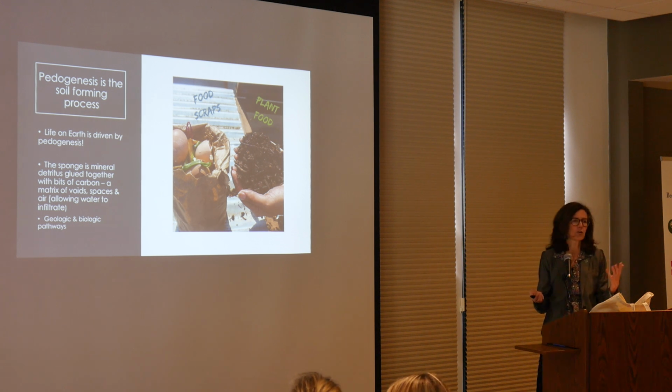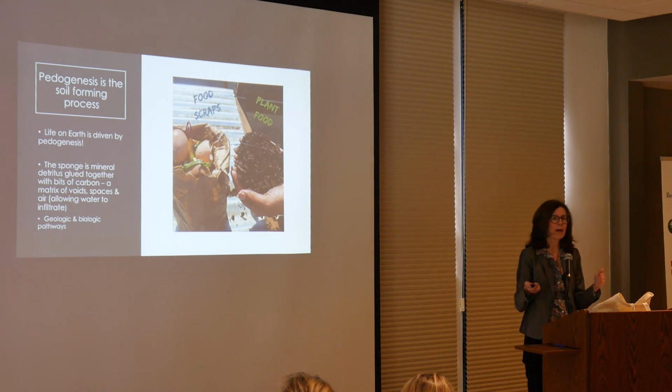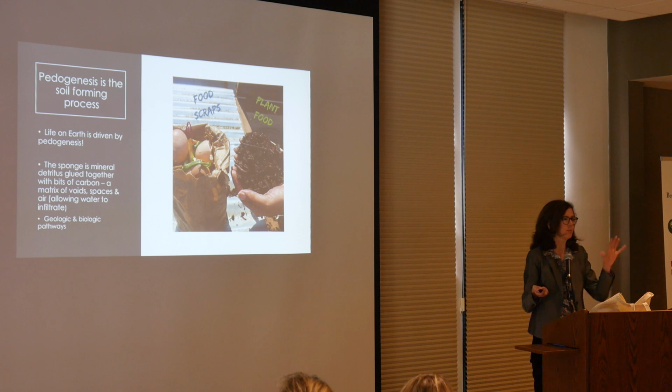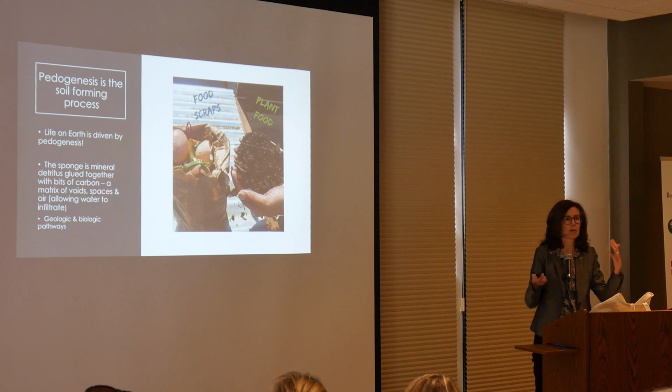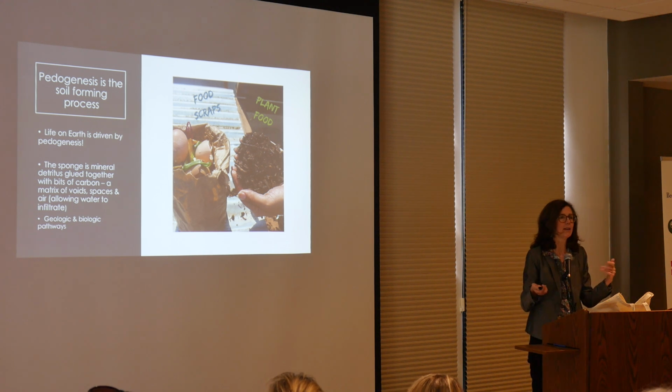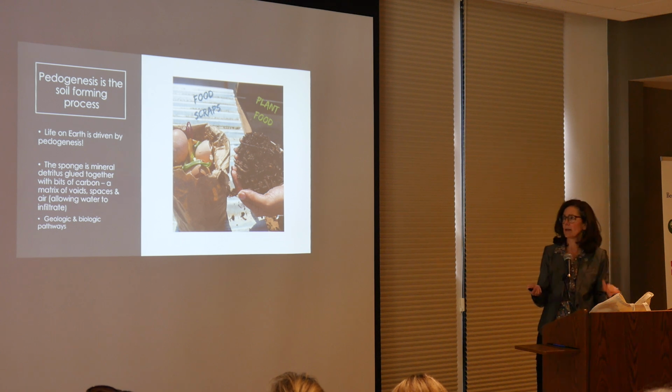We all can picture a dried out sponge versus a wet sponge. And so we want our soil sponge to be moist. And when it's in the sponge form, it looks like a sponge. It has lots of little holes and pores so that the water can infiltrate and so that roots can come down and so that all sorts of microbiology can live in the soil.